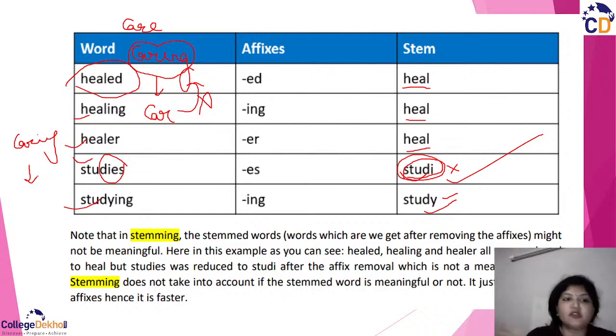It also removes the affixes, but it is going to give you a meaningful base form. So this is the difference between stemmer functions and lemmatization, right?